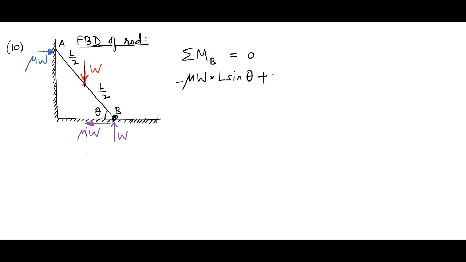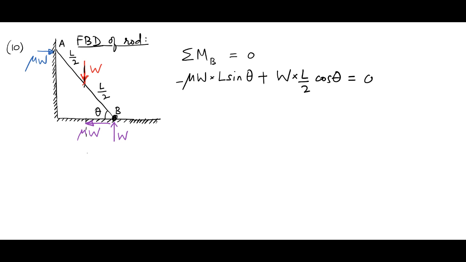So I write a plus sign, then I write the magnitude of the force, which is W, and then I multiply the magnitude of the force by the perpendicular distance between the line of action of the force and point B, in other words this distance, and this distance can be easily found by considering this right angled triangle whose hypotenuse is L by 2. So naturally this distance is L by 2 multiplied by cos theta, which I multiply over here, L by 2 multiplied by cos of theta.